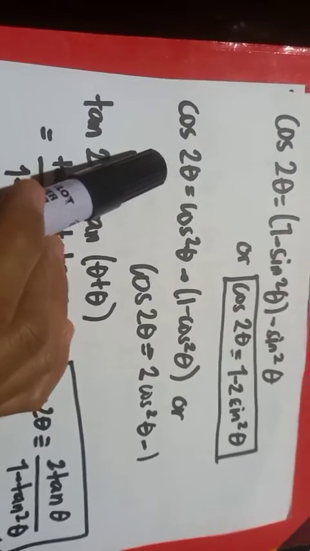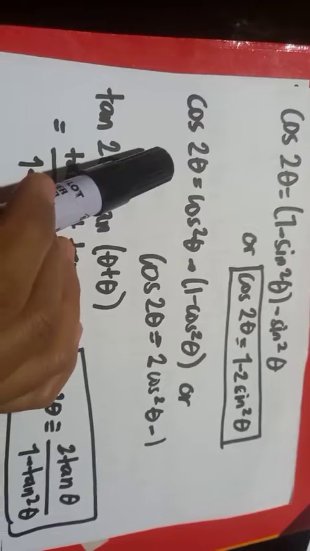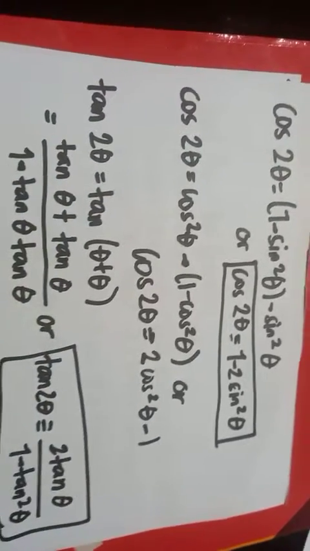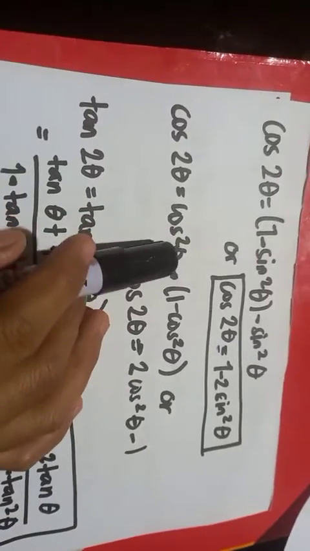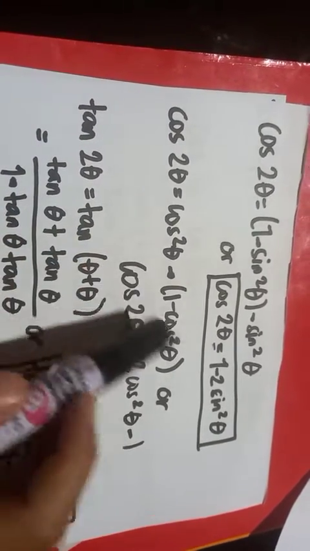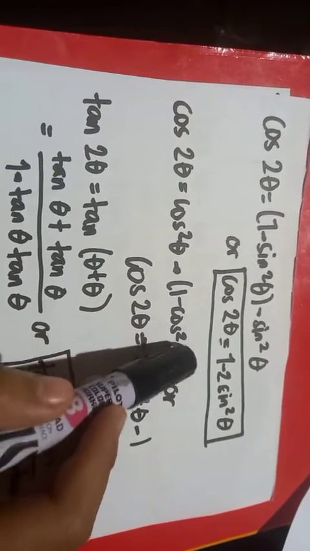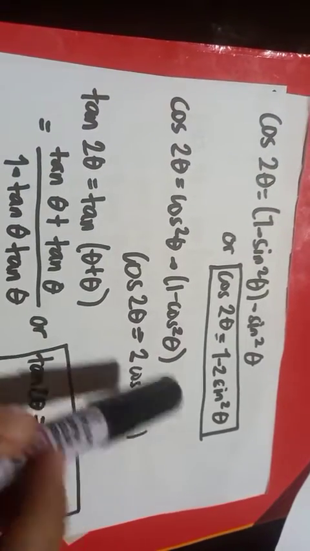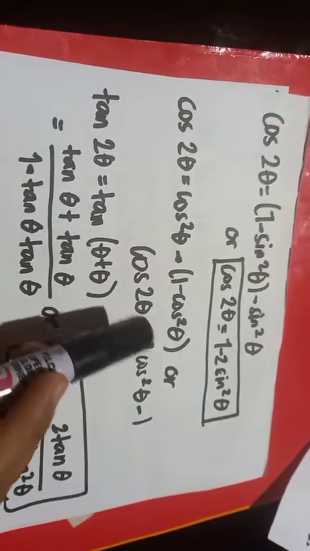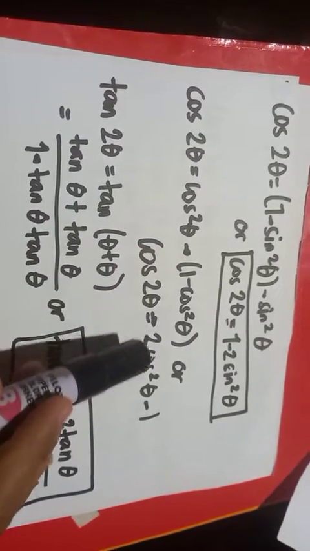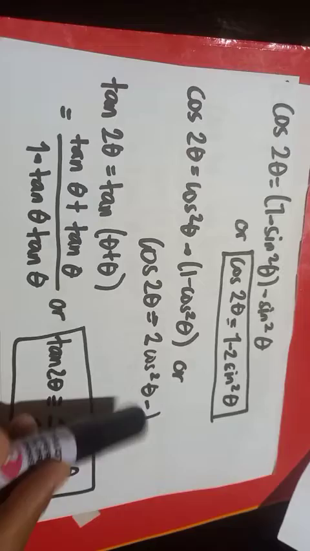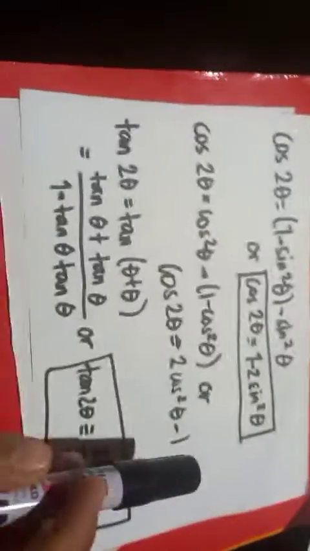Or we can have cosine 2 theta is equal to 2 cosine squared theta minus 1.